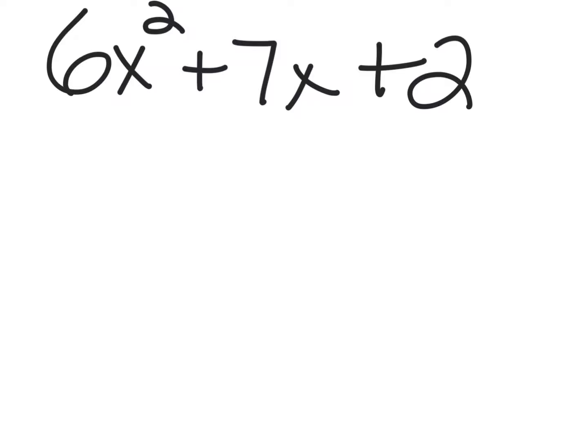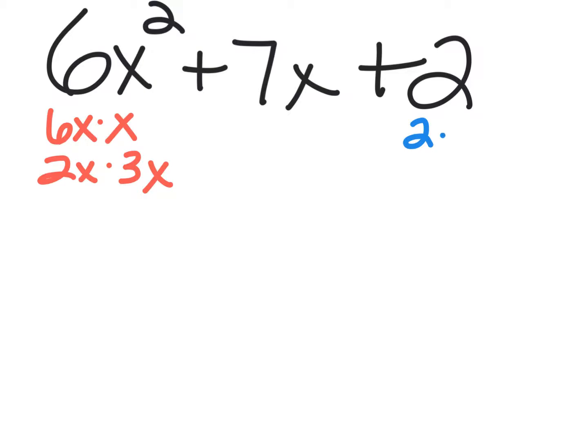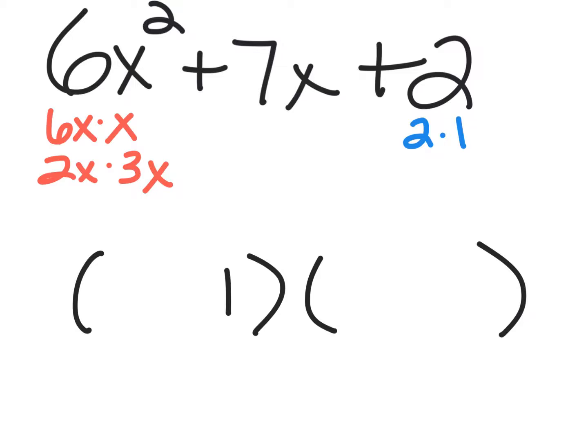All right, so when we look at this example, there's quite a few factors of the 6. You could get the 6 by 6x times x. You could get it by 2x times 3x. But you have to think about the combinations that are going to give you 7 then also. So then the factors of 2 at the end here are only 2 and 1. So we know we're going to have a set of parentheses that has a factor of 1, I'm going to use blue to go with the same color, and a factor of 2, and we again have all plus signs, so I'm going to go ahead and put those pluses in.